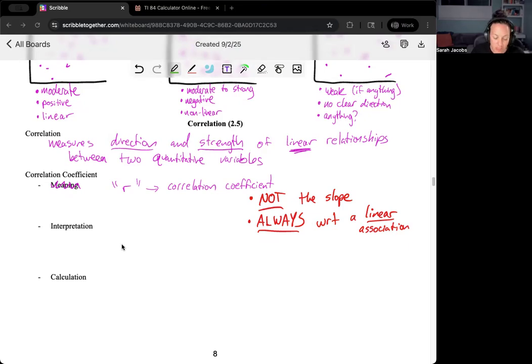And the correlation is always from -1 to +1.